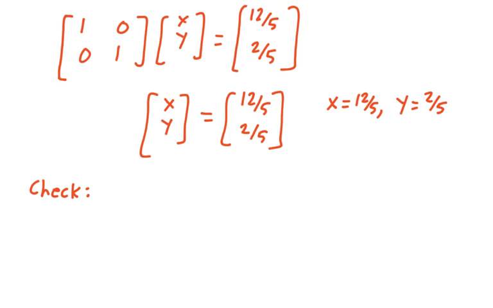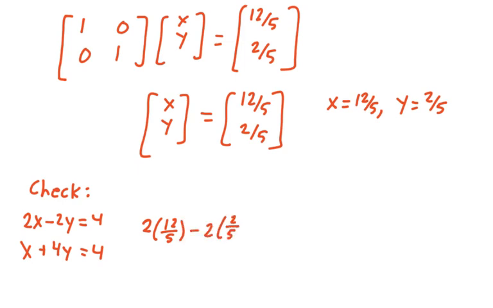Now, this is our system. 2x minus 2y equals 4. And then we have x plus 4y equals 4. If I replace x with 12/5 and y with 2/5, I get 2 times 12/5 minus 2 times 2/5.